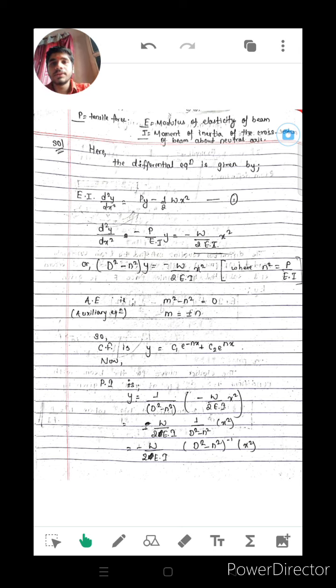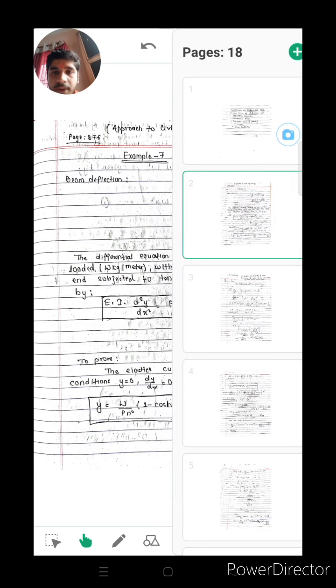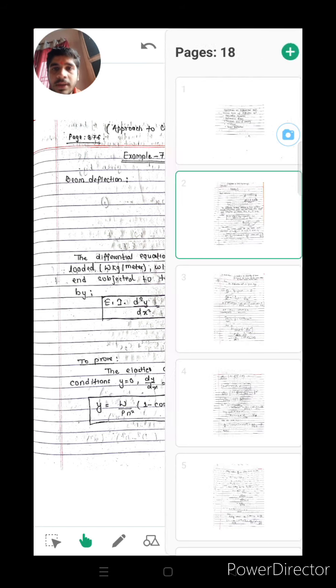Here the differential equation is given by E I times d square y by dx square equals Py minus 1 by 2 w x square, as equation 1, which is given already from here.